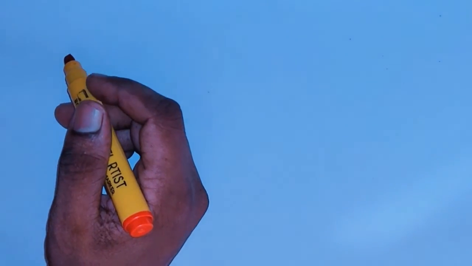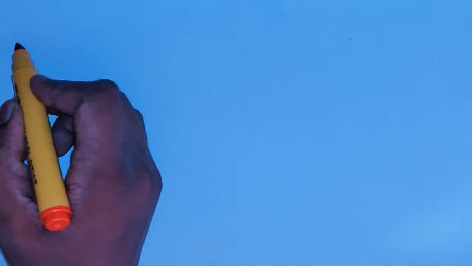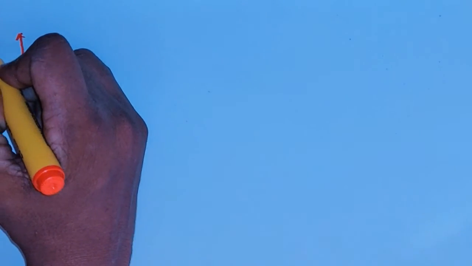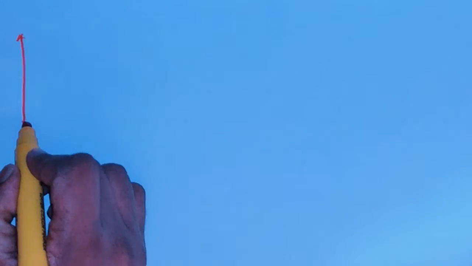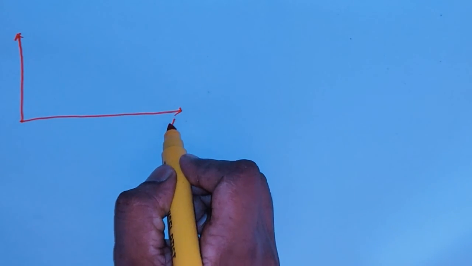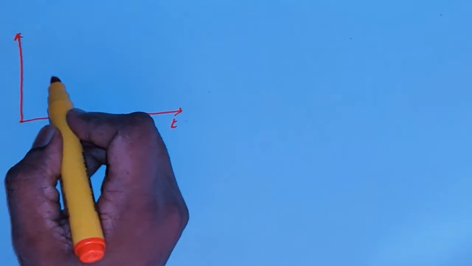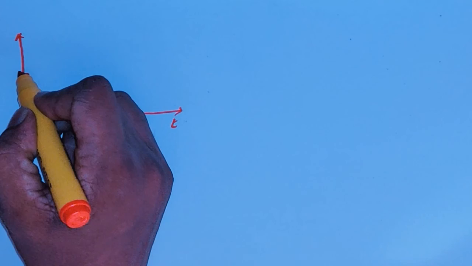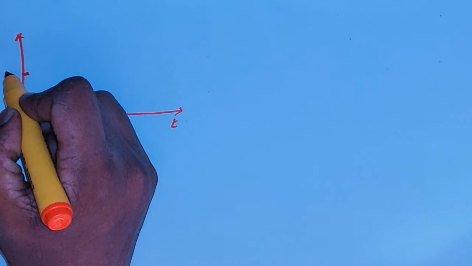So first we need to draw the given diagram. Here on the y-axis they gave the voltage in volt. The x-axis is the time. So the voltage at the initial time t equal to 0 starts at 3 volt.